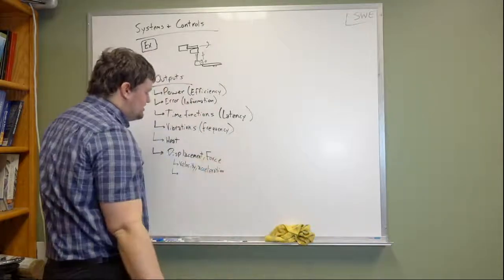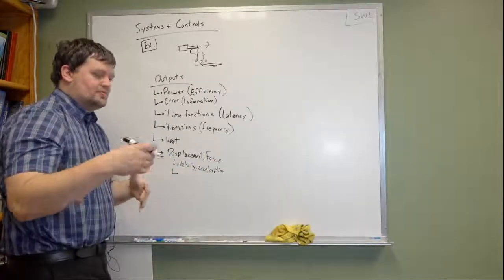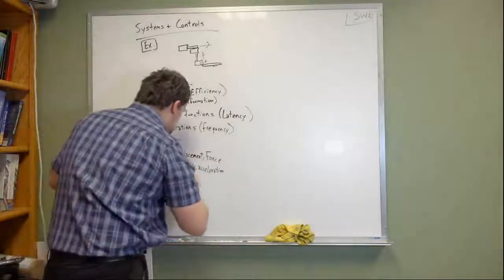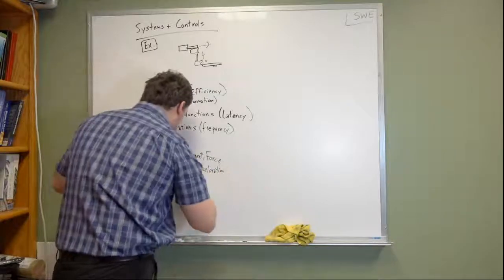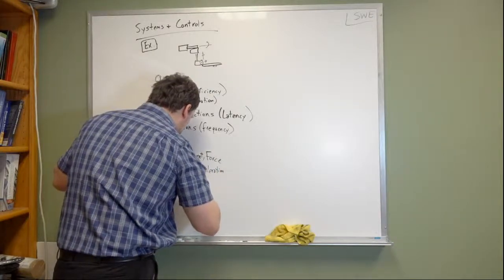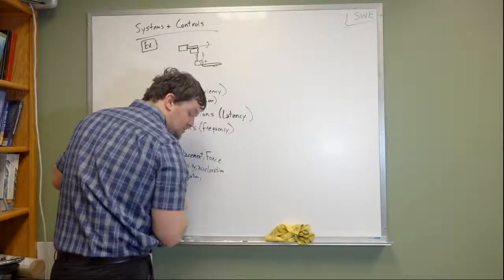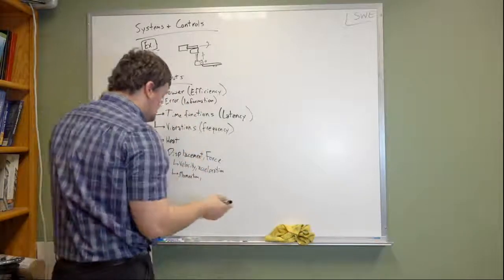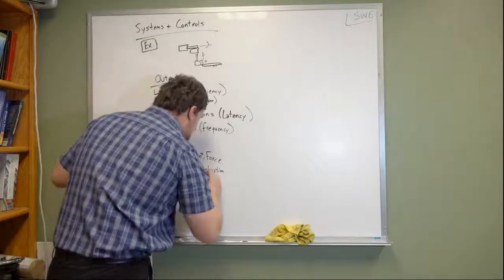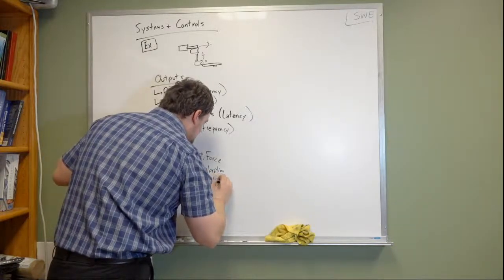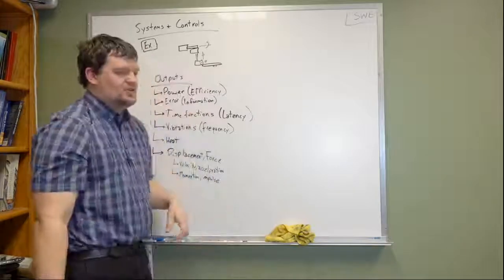But then additionally, your forces also have other pieces that go along with them. You can have a momentum, because systems are going to have some momentum associated with them. But in addition to just momentum, you can talk about impulses and those types of things.